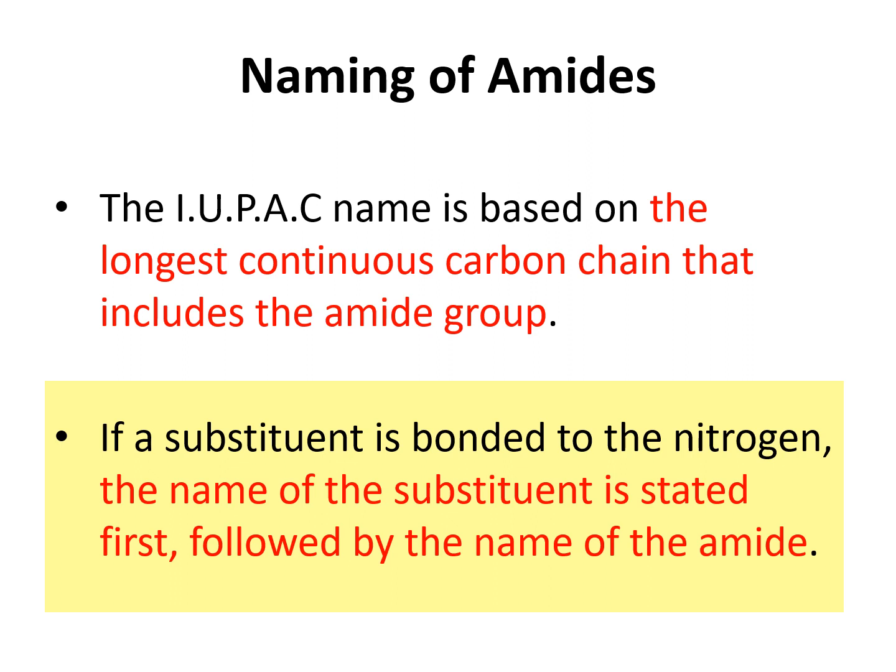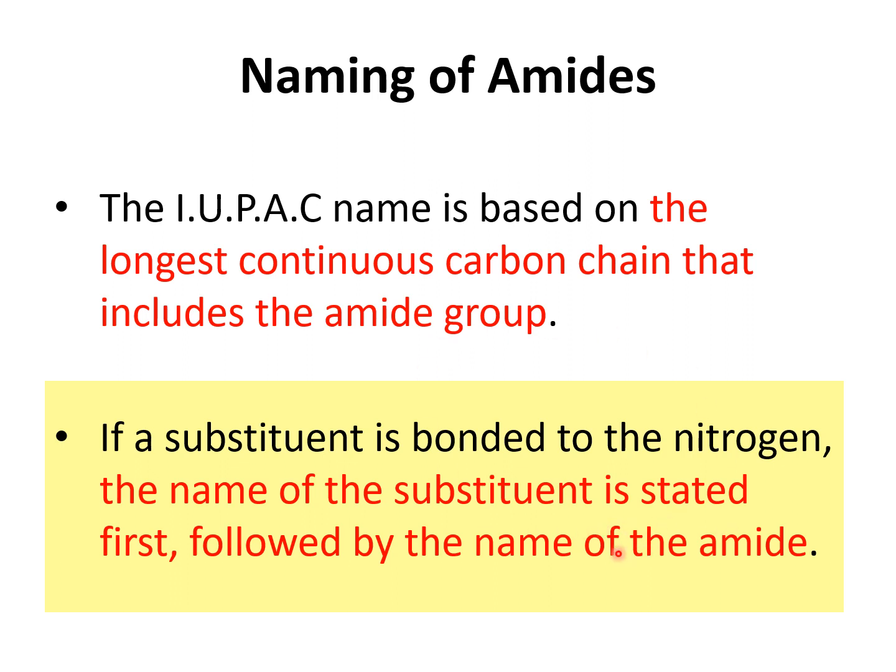If a substituent is bonded to the nitrogen, the name of the substituent is stated first. In a normal carbon chain we have substituents on the chain, but in the case of amides, you will see substituents attached to the nitrogen, so the naming will be quite different from usual.